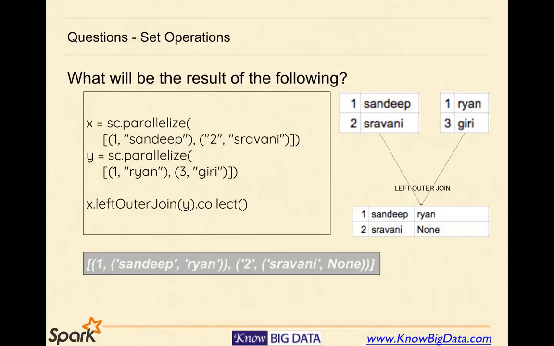Is it clear why? Because left outer means take everything from the left in the output. From the right, if something is found, keep it, otherwise put none. None is the equivalent of null or empty for the corresponding values. In SQL you have null.